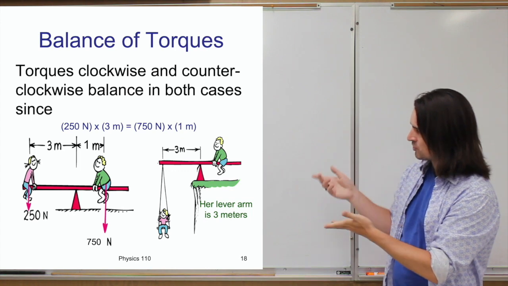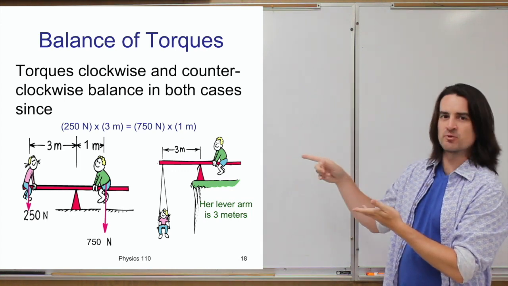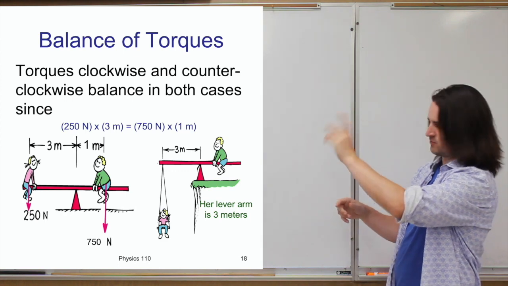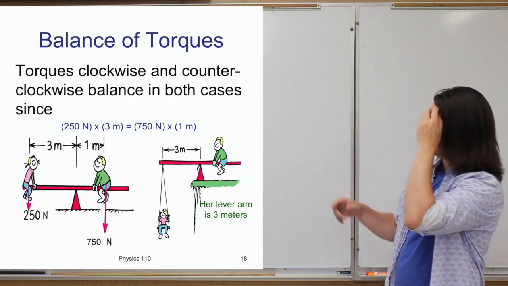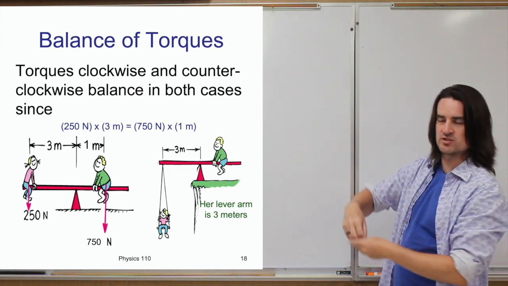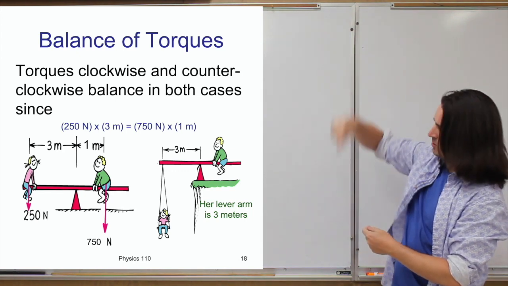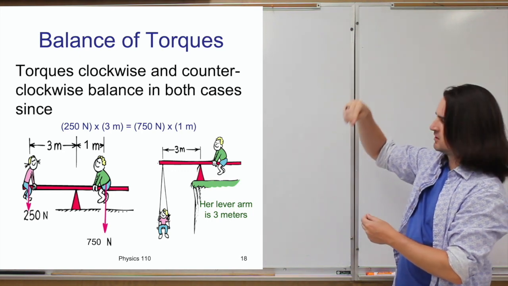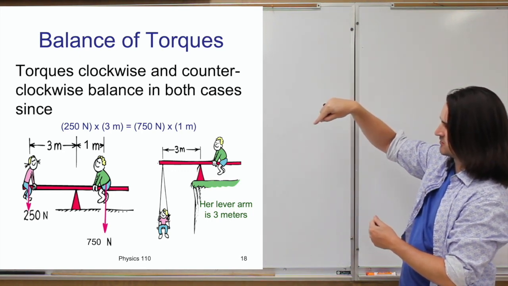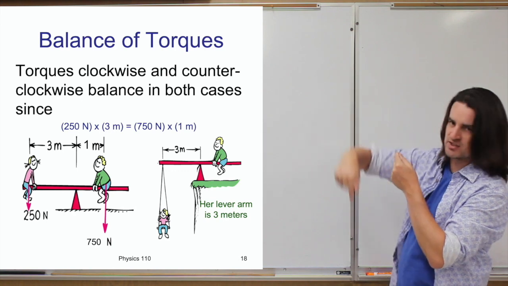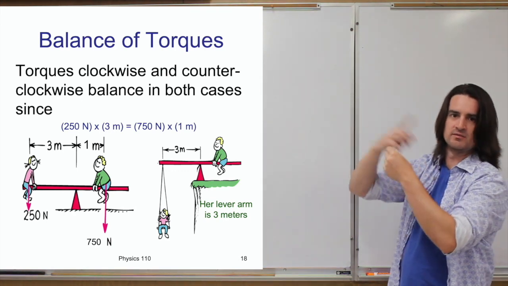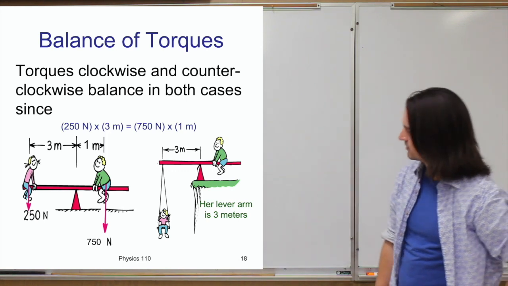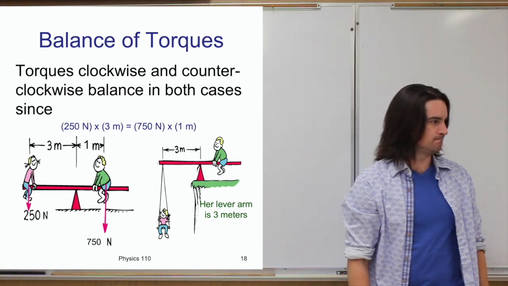Because the force that is trying to rotate this seesaw counterclockwise, the force that the child is putting on it, is still acting at the same point because she's just hanging from it. So her weight is still pulling down at that 3 meter distance from the axis of rotation, and it's pulling down tangentially to the circle that rotation would happen in. So each of these situations is actually balanced and would not rotate.